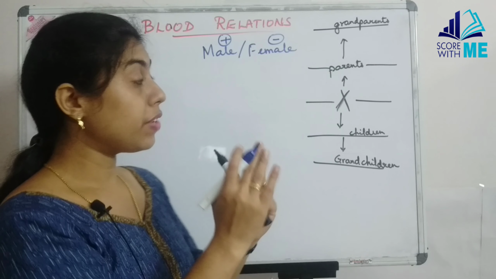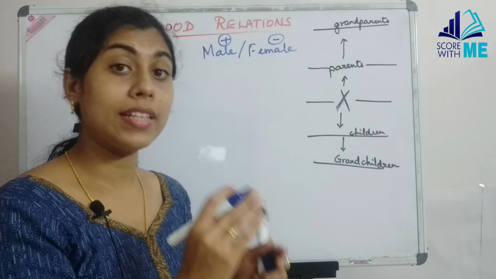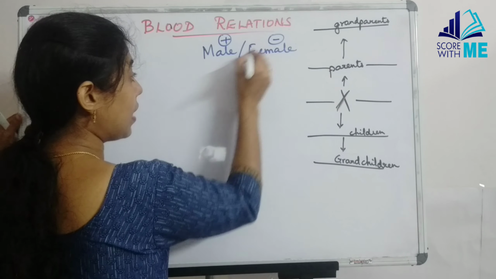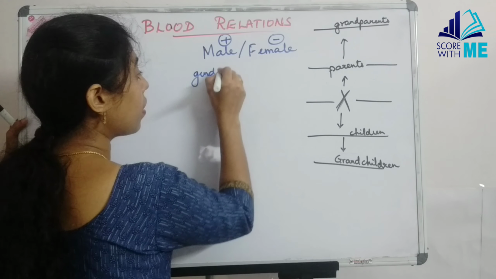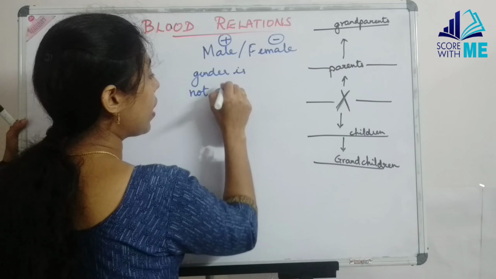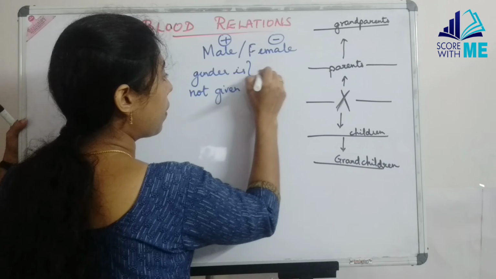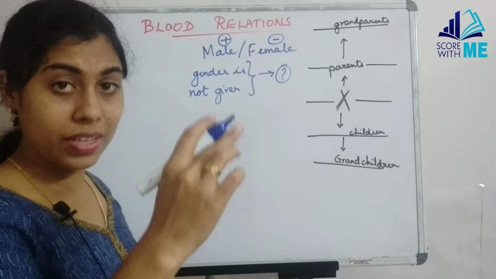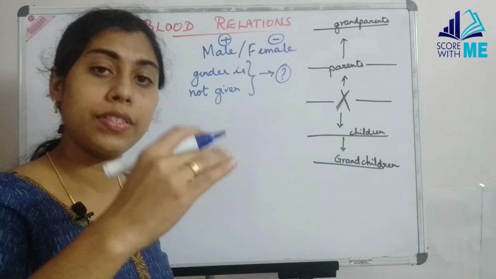After finishing the family tree, if by any chance the gender is not mentioned for a person, for our understanding's sake we can mark it with a question mark. If a question mark is given, that simply means the gender is not given.